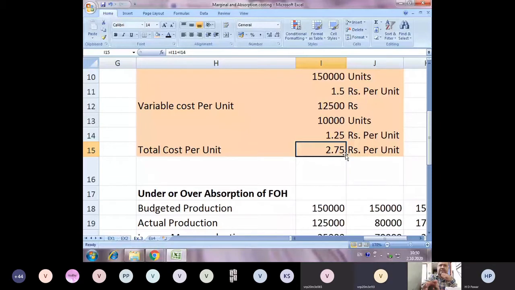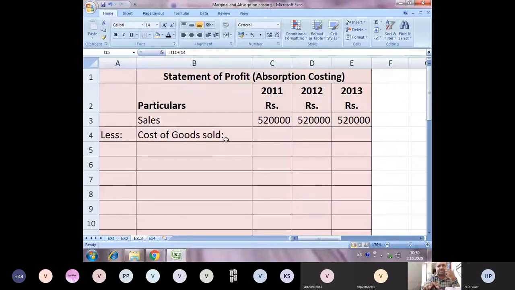Agree? Okay. Now let's see here. Sales. How is the sales calculated? The number of units sold is given behind on page number 42. 1 lakh units sold. You can see, right? In every year there are 1 lakh units.